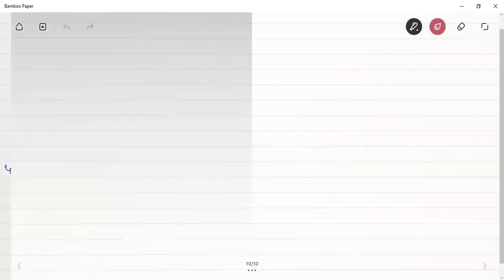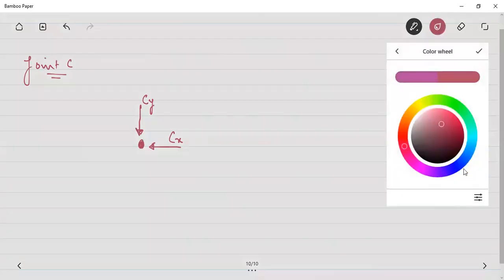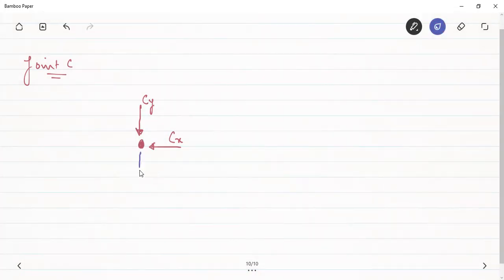So let's make the analysis of the joint C. If this is the joint C, we can see that CY was acting in the vertical downward direction, CX was acting in the negative direction, plus what we had here is force in the member CD.